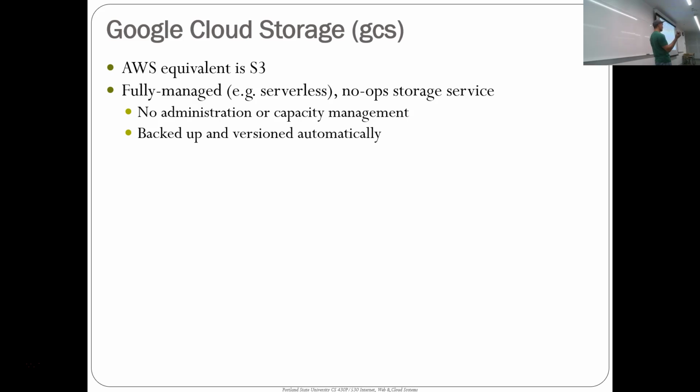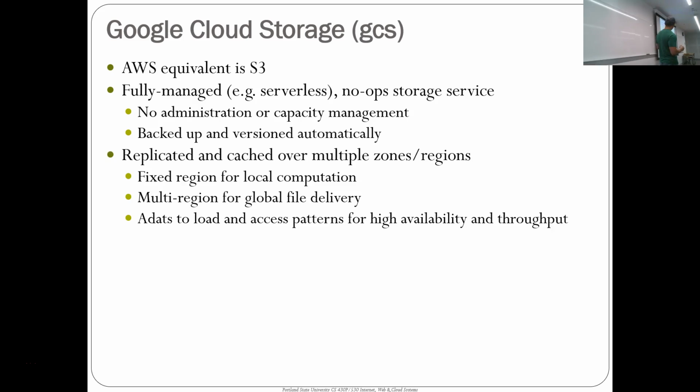It's just a key. And the underlying serverless backend is mapping that to the actual replicas that implement that bucket. And then it automatically backs up and versions everything that's there. There's no management cost on the client end.